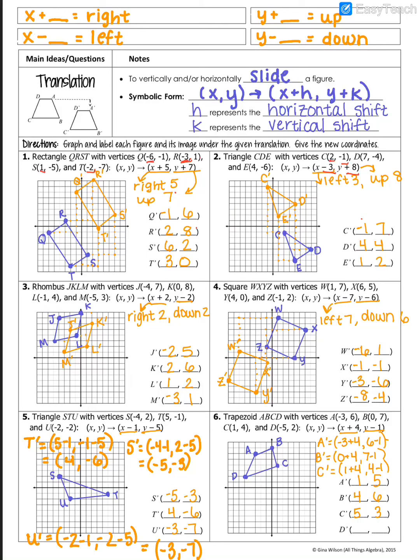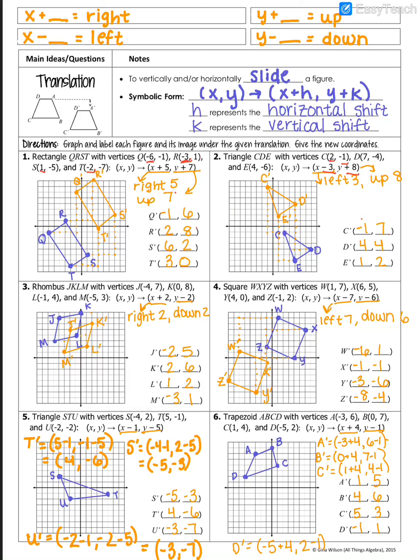And then the last one, D prime, is going to be negative 5 plus 4, and then 2 minus 1. So negative 5 plus 4 gives me a negative 1. 2 minus 1 gives me 1. Okay, so those are your final points.